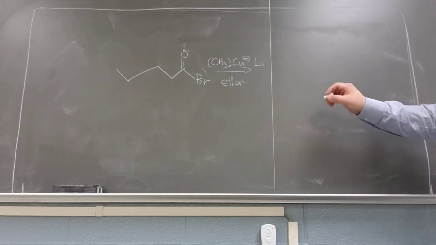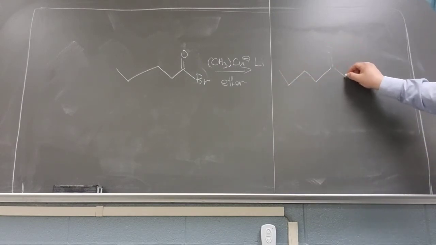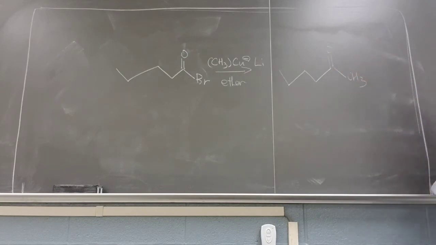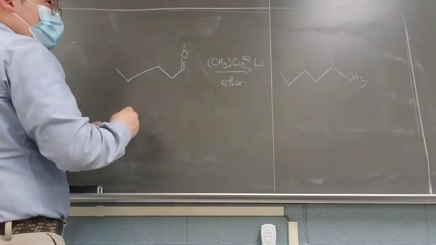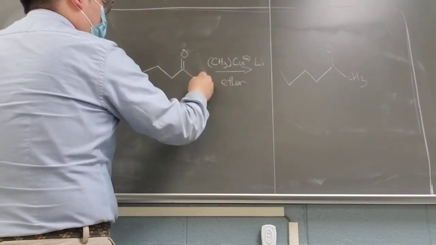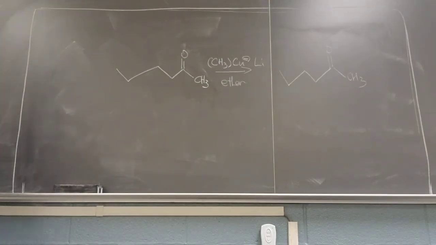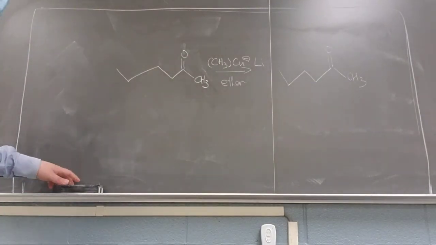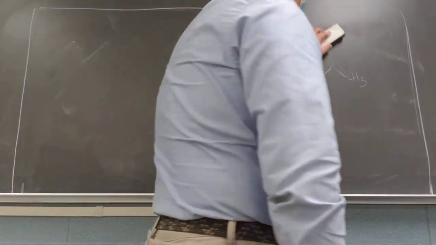Okay, so yeah, try to do this one, right? So the trick is make this one leave. It's a pretty good leaving group, and switch this one to this one. So this is also one way we can make a ketone. So I'll move on. Can I move on, right? I can move. All right.